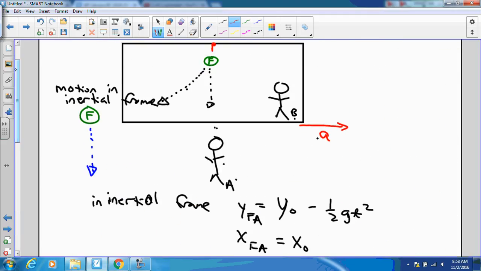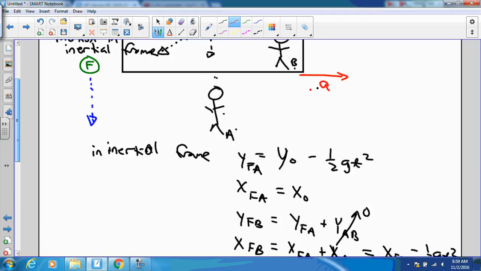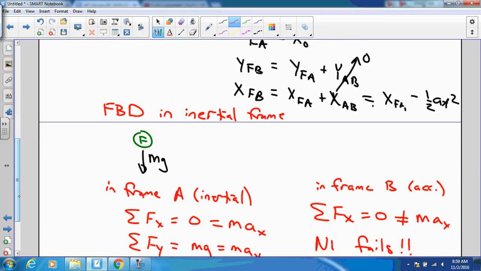The way that I can remedy the situation is to come back and consider the frog right here as it falls from the ceiling, and observe that the system is accelerating in this direction, and attribute the acceleration of that system to the creation of what we call a fictitious force that is going to pull in the opposite direction of the acceleration.